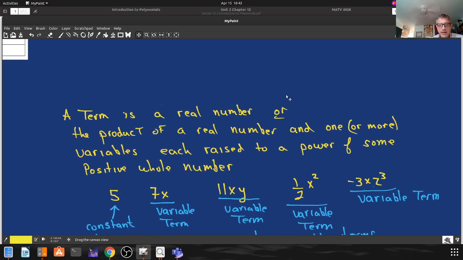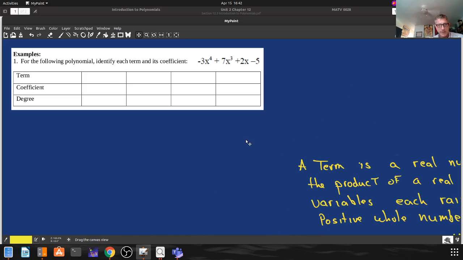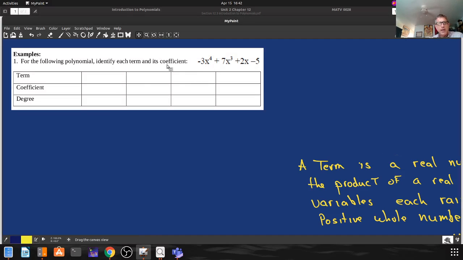So let's look at exercise 1. I actually have it here because I want to write on this. So here we have a polynomial in the single variable x: minus 3x to the fourth plus 7x cubed plus 2x minus 5. We're asked to list all of the terms.